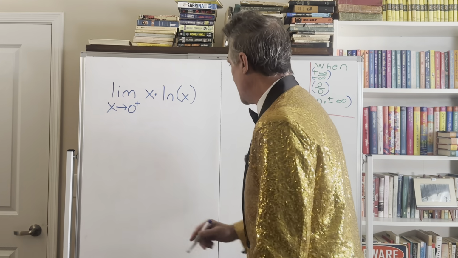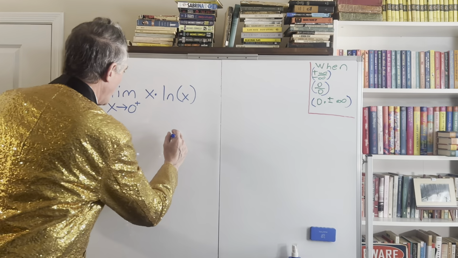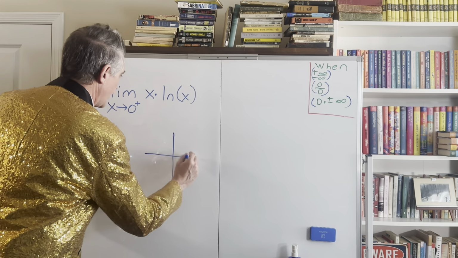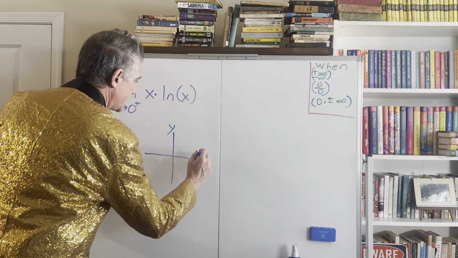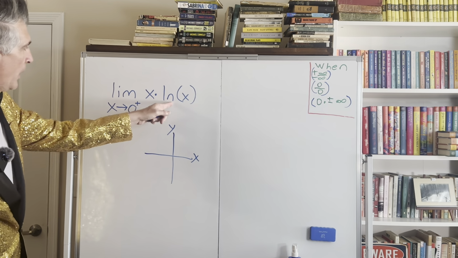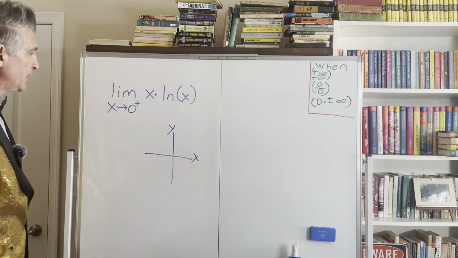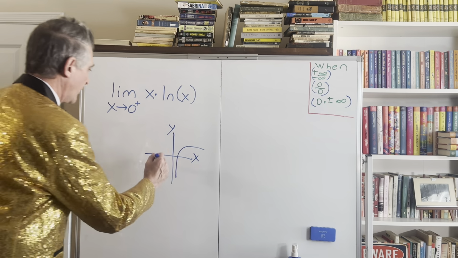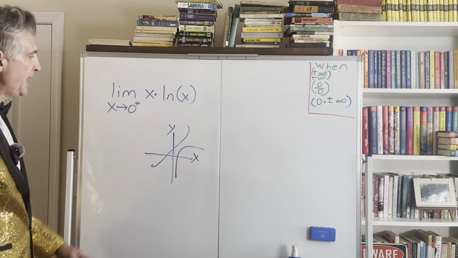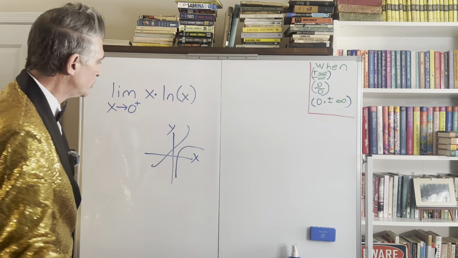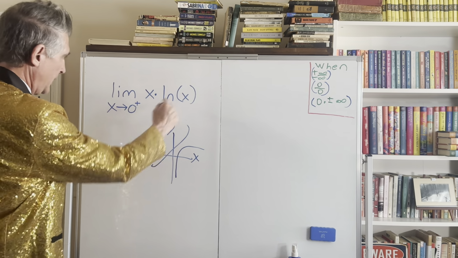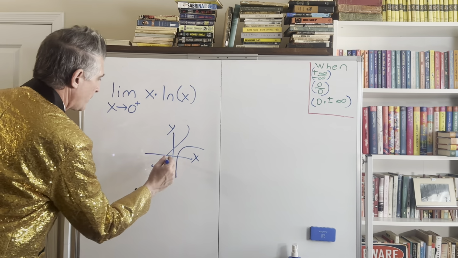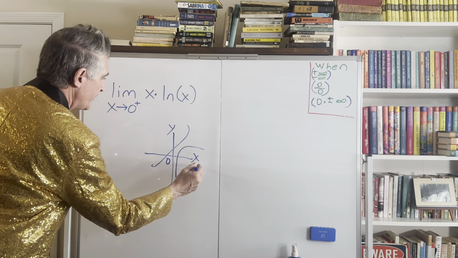Well, let's go ahead and just kind of draw that out for a second. We know what we're dealing with on the coordinate plane, right? We've got our y-axis here, and I've got my x-axis here. Well, our ln of x function is going to look something along the lines of this, isn't it, right? Because we know our exponent is just the exact mirror opposite of it. And again, this is just kind of a crude drawing, but this is pretty much what we're dealing with, the ln of x. And we're saying that we're approaching this from the positive side.